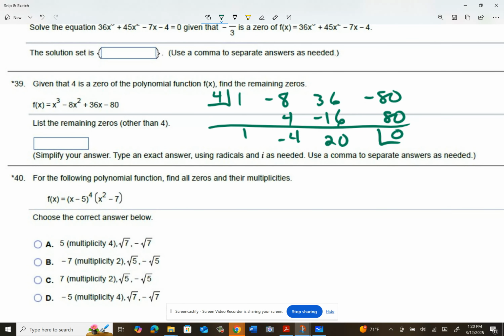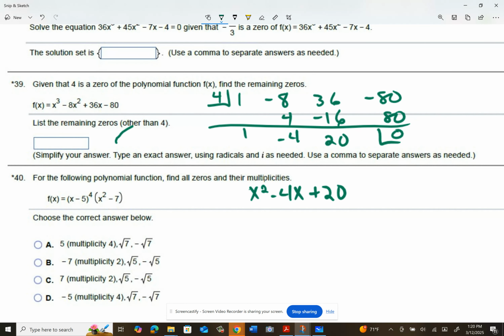Then I'm going to take the x squared minus the 4x plus the 20, and I'm working on what causes that to equal 0. All right, so I would think about factoring, but like I mentioned before, 1 and 20, 2 and 10, 4 and 5, there's no way to get that middle term.